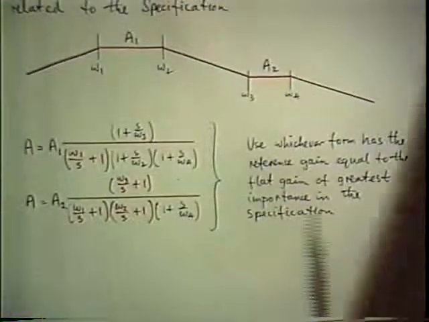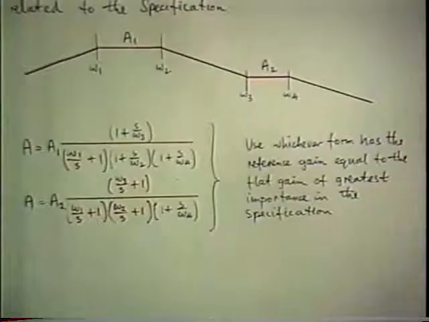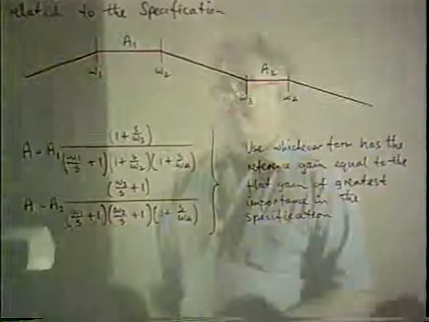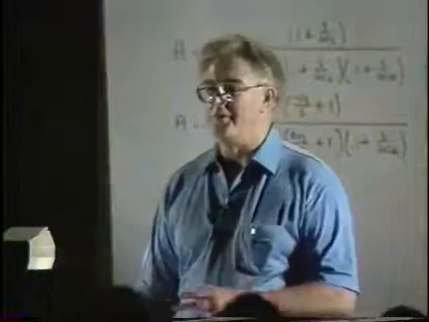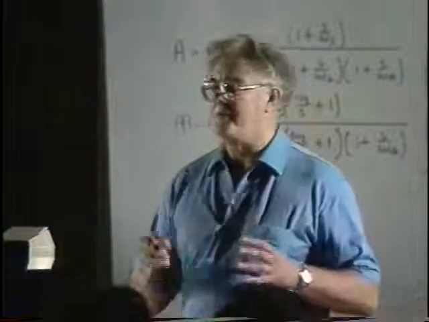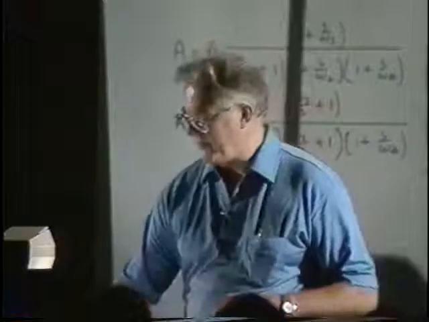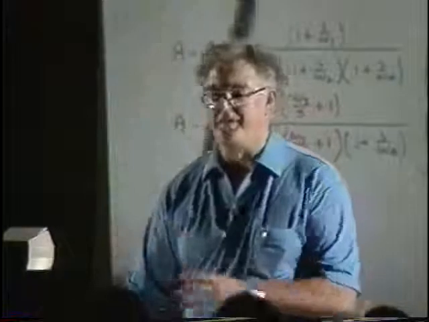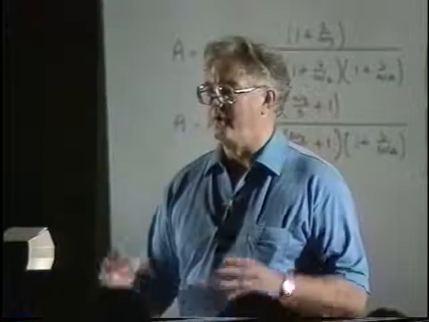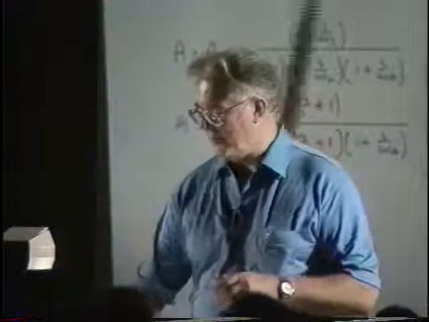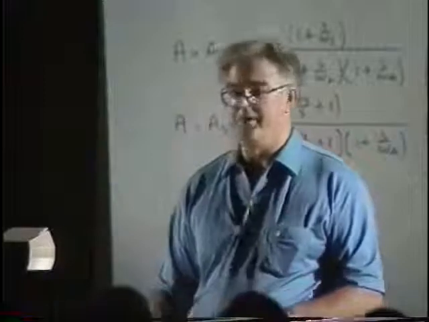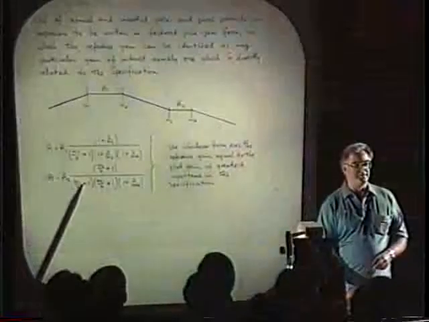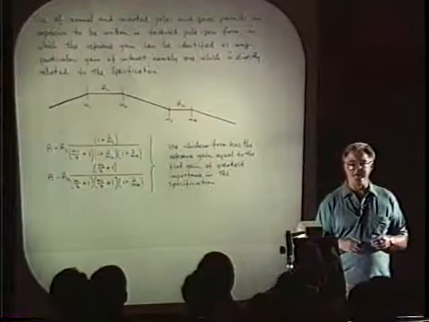And the whole point about this is you've got the choice about which format you want to use. And which one you would choose depends on the context of the problem. Which of these flat gains is the most significant one? Which is the specification? Or whatever the context of the problem is, you can make your choice of which of those gains to use. And using inverted poles and zeros simply gives you that flexibility.